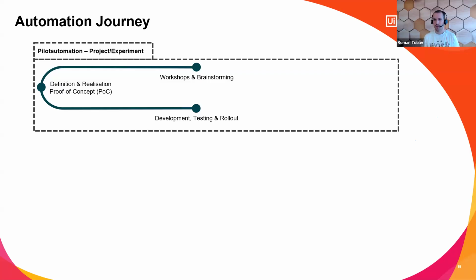You will find some candidates, a short list of potential use cases or partial automations that you want to address, and you can maybe start with a proof of concept. Say, I want to prove that a robot can work and type something into my system of records. Sure, we can prove that.